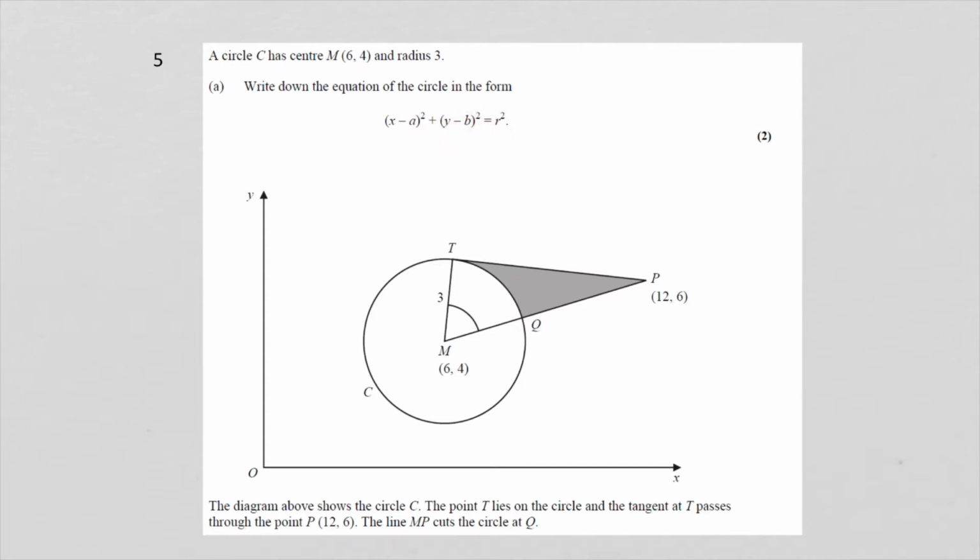In this situation, you've been given your a value, so this is your a, and that's your b. So in this case, it's going to be (x minus 6) squared plus (y minus 4) squared equals, your r is 3, so that'll be 3 squared. And that's all they ask you to do.